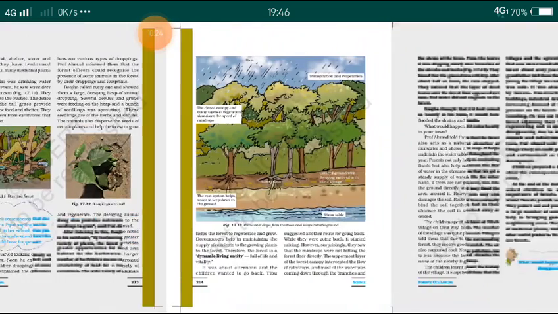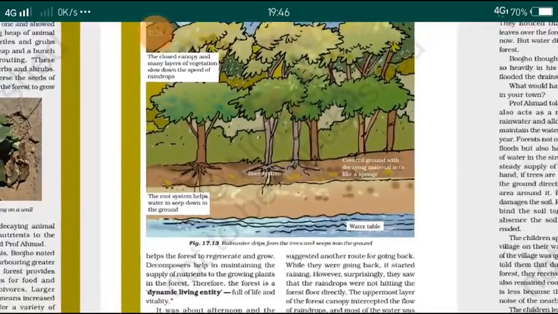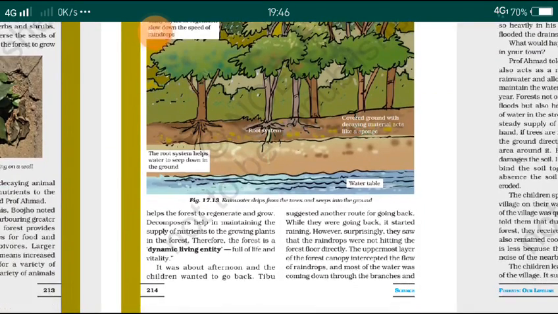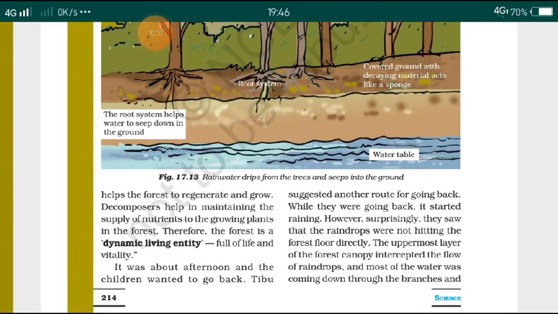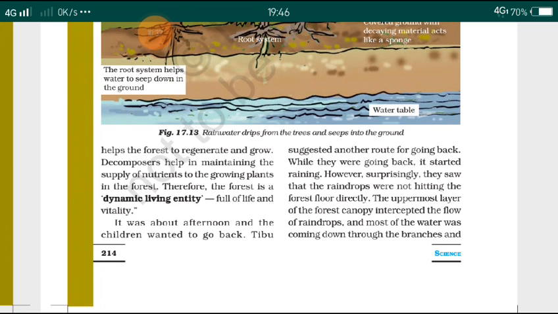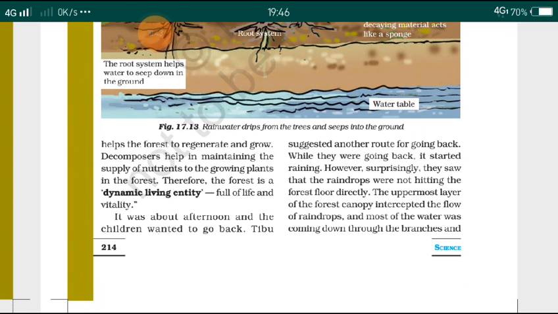The wide variety of animals helps the forest to regenerate and grow. Decomposers help in maintaining the supply of nutrition to the growing plants in the forest. Therefore, the forest is a dynamic living entity full of life and vitality.